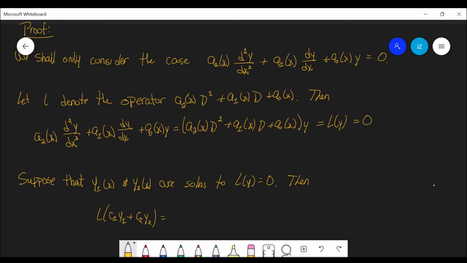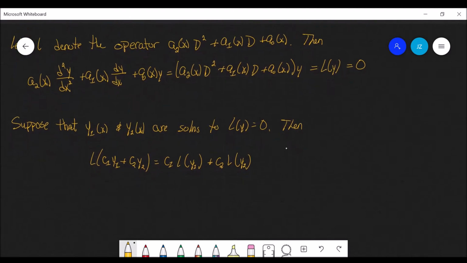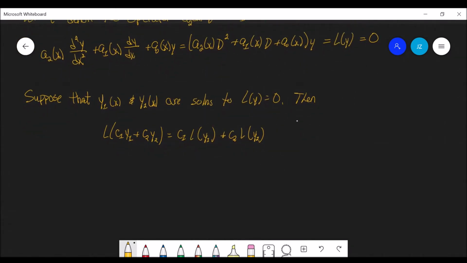Well, this is equal to c1 L of y1 plus c2 L of y2. And this step is using the constant multiple rule and the sum rule for derivatives that was learned in Calculus 1.